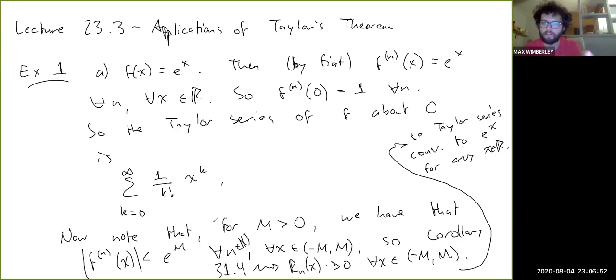So if you fix any point in the overall interval of convergence, then you just make a slightly bigger closed interval that contains that point, and then the convergence is uniform, so the function is continuous at that point, right? It's the same pattern. So anyway, that's e to the x.